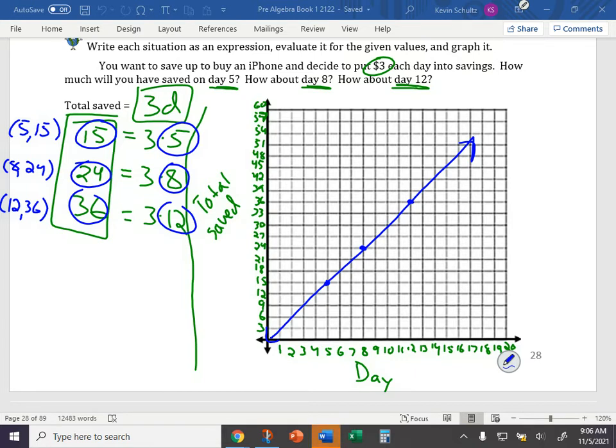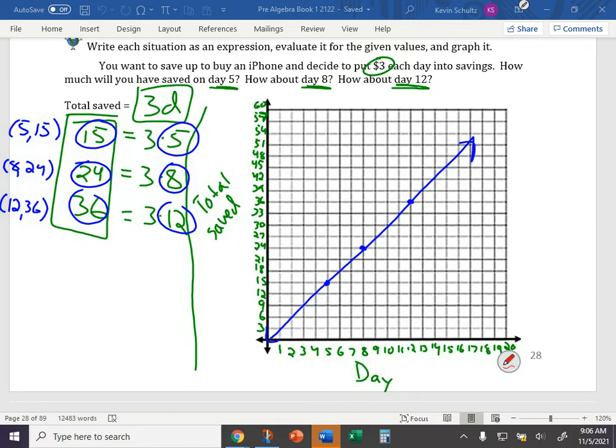Yeah, excellent. And what this allows us to do is to predict things. How much money will we save on day 16? Jeffrey, how much money will we have saved on day 16? Some of you might be pulling out your calculators and saying, well, I'm going to multiply 3 by 16. But what else could we do?